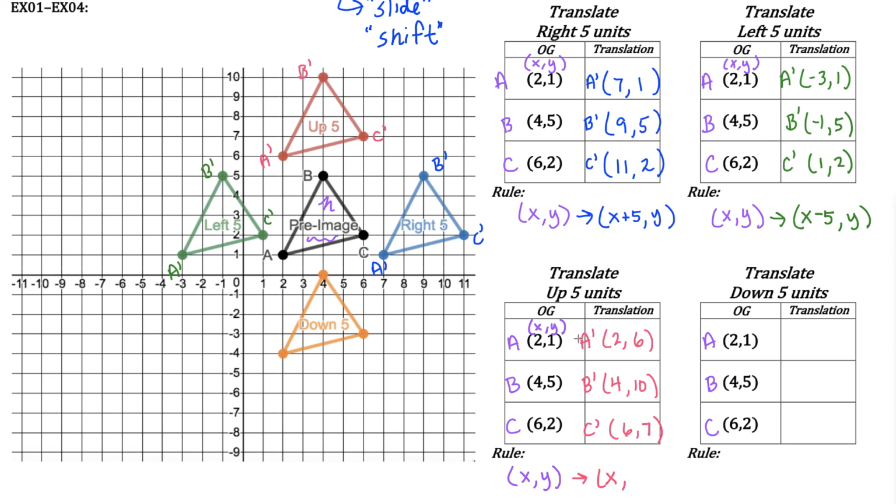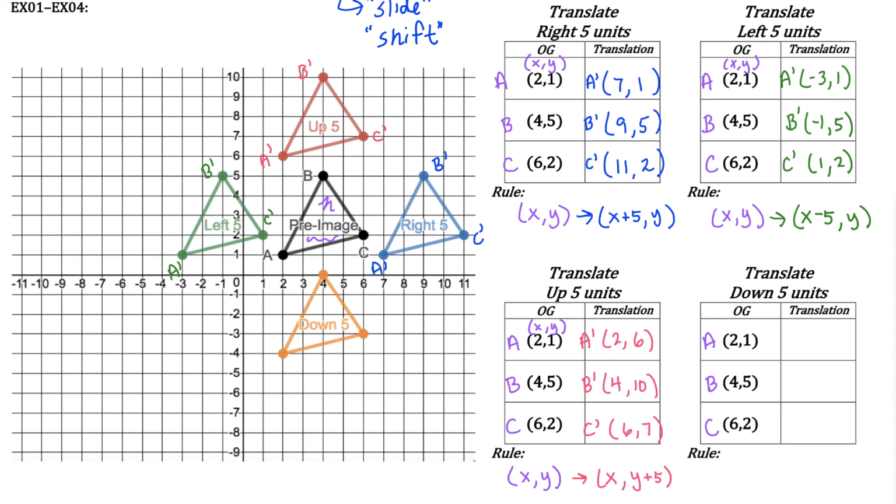But the y's, the 1 became a 6, the 5 became a 10, the 2 became a 7. The y's increased by 5 because we moved up. We added 5.